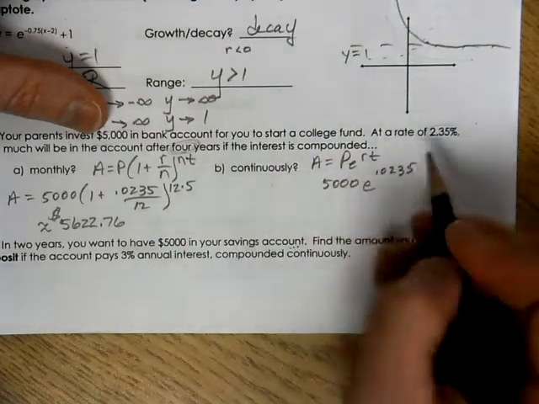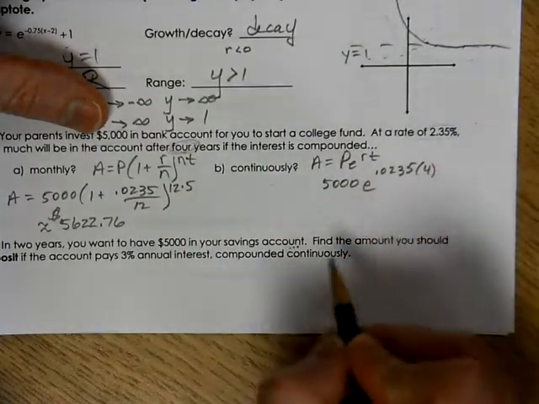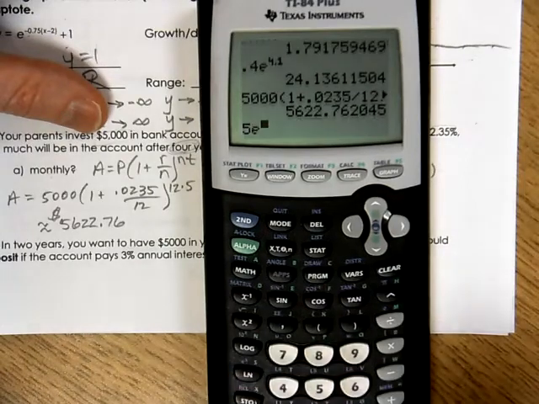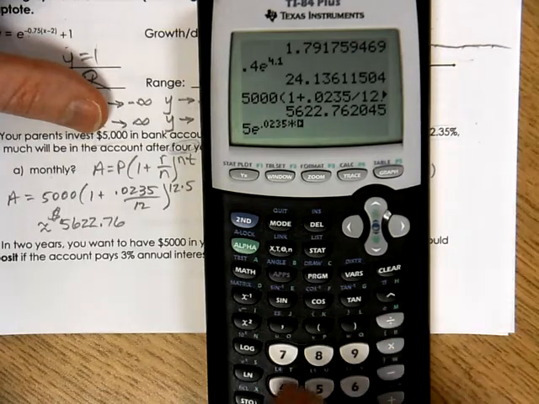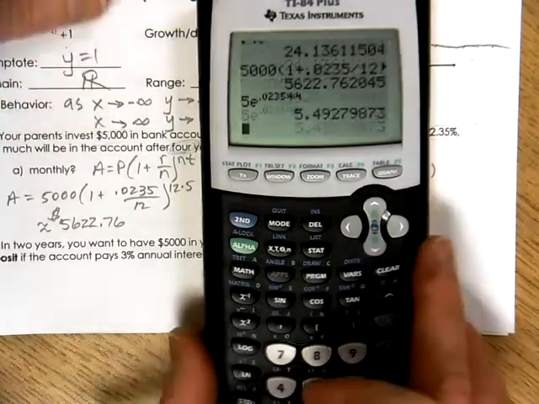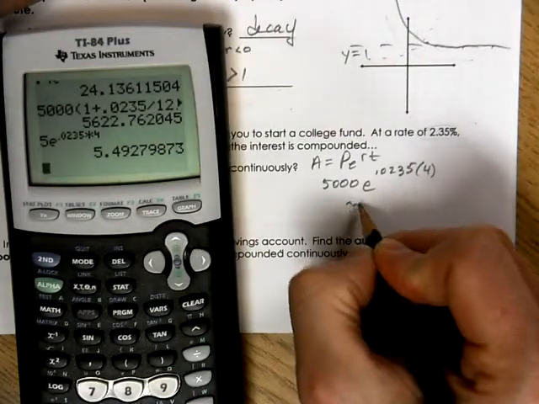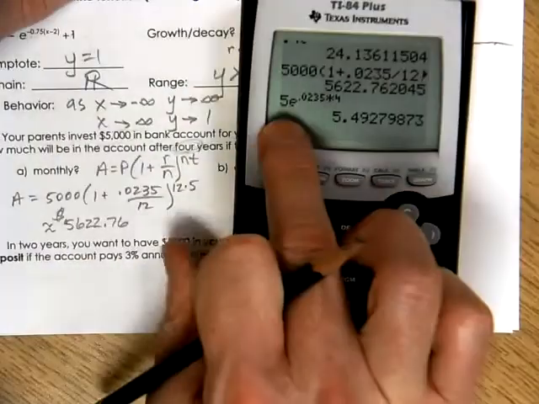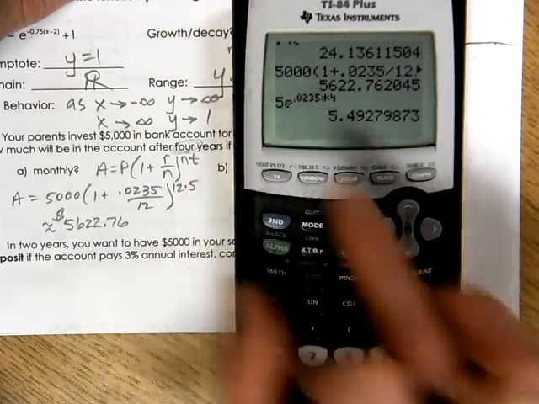We got to go back and change that, huh? So 4 years. So we're 5 e to the 0.0235 times 4. So that's approximately, I have 5, not 5,000.